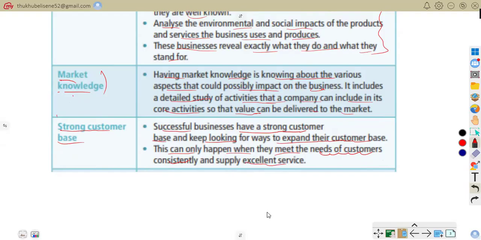So meaning to say, a successful business attracts and keeps customers by consistently meeting their needs and providing excellent service. That is the only way that you can always see your customers coming back again, doing what you call repeat purchases.